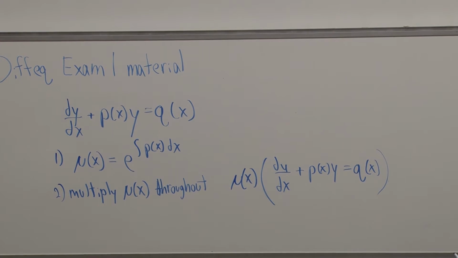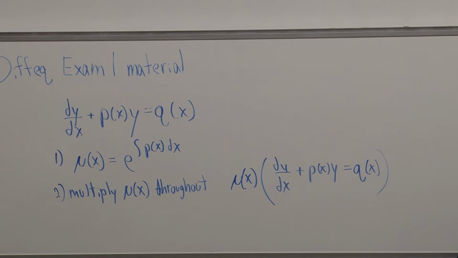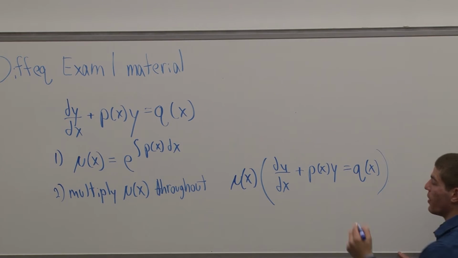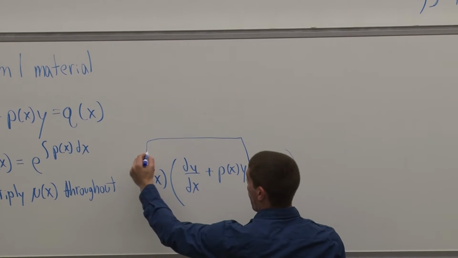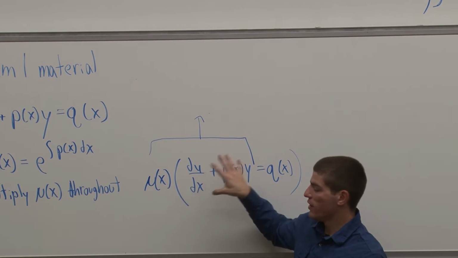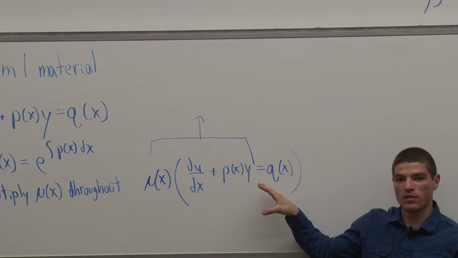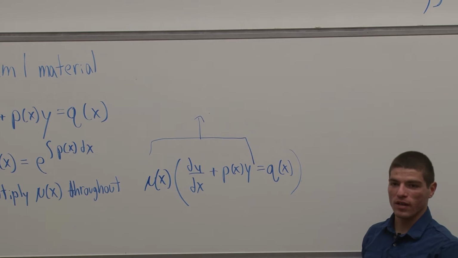They never explained to me correctly how this even works. But you just assume, and it works. I don't know how though. It works that the left side of this equation, once multiplied by mu, is equal to the derivative of mu times y.